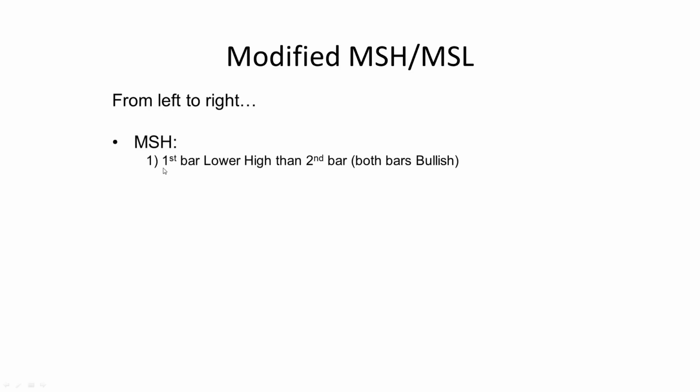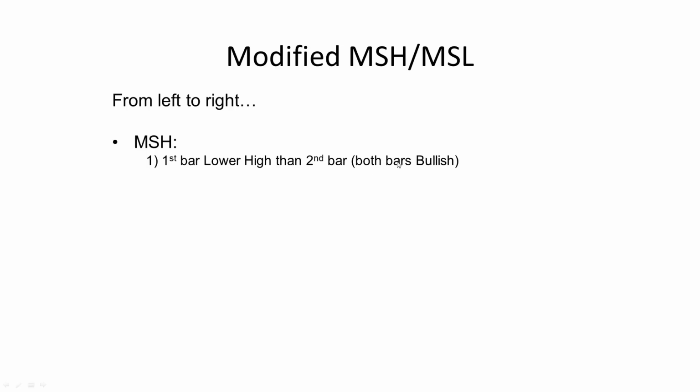The modified market structure high or low. So what you need to do here is, from left to right, you're actually going to analyze 3 bars. This is a 3-bar pattern. From left to right, the first bar is going to need a lower high than the second bar.